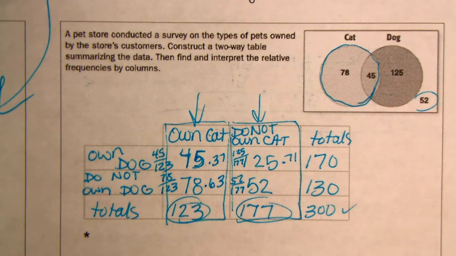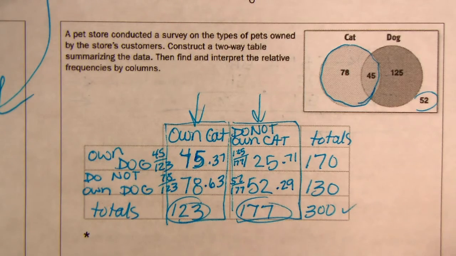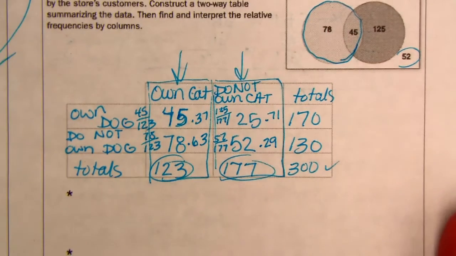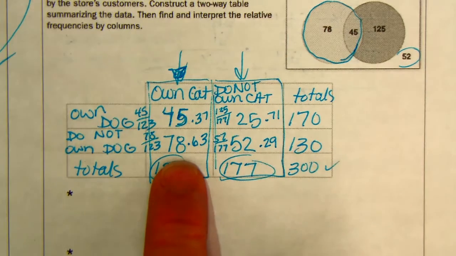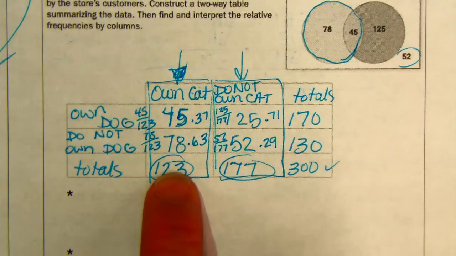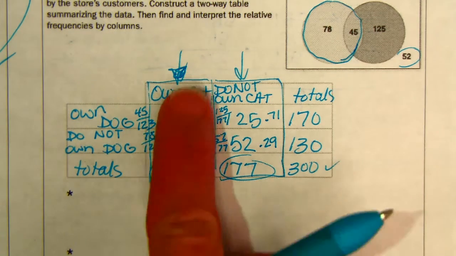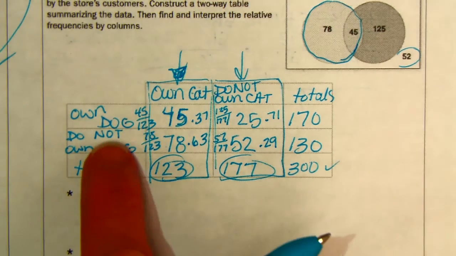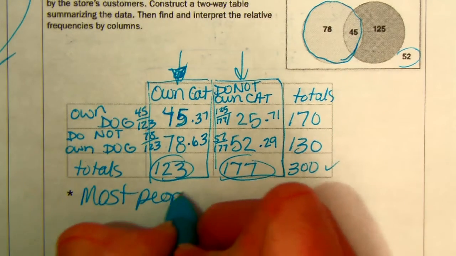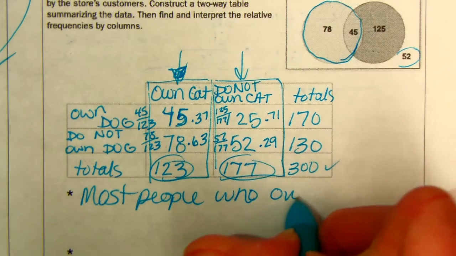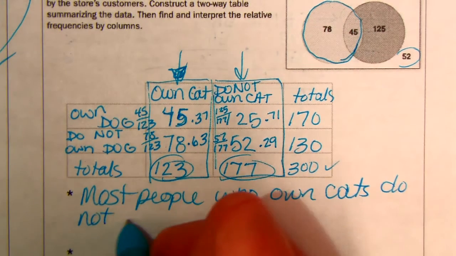So now remember, if I'm going by column, the first thing I'm going to mention is this column is all of the people who own cats. Now tell me a sentence. What do we know about the majority? 63%, the majority of people who own cats. Most people who own cats do not own a dog, comma, 63%.